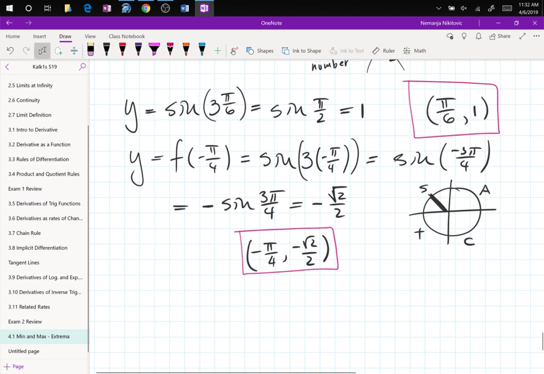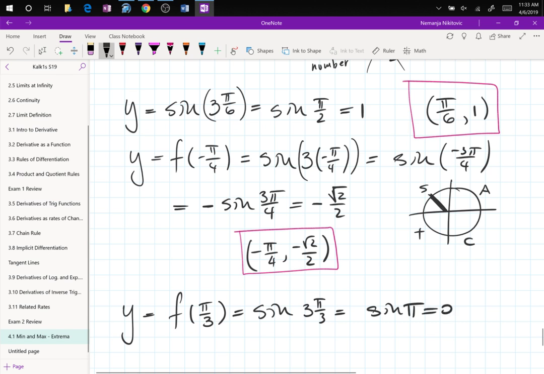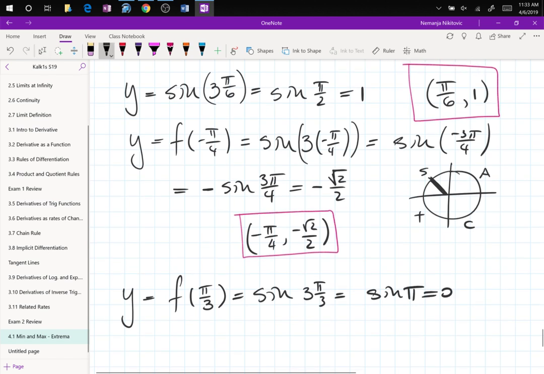And the last one is f of, I think they said pi over 3 over there, so that's sine of 3 times pi over 3, which is just sine of pi, which is 0. So this point is pi over 3 and 0.